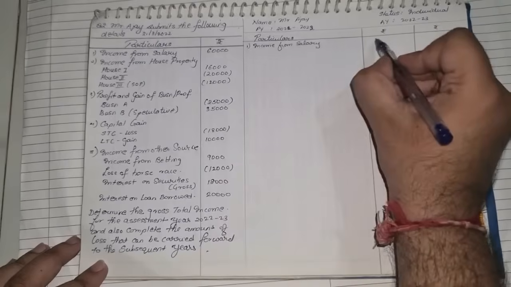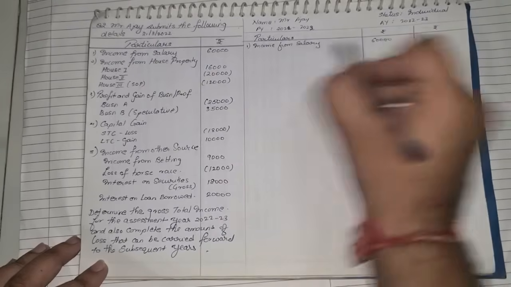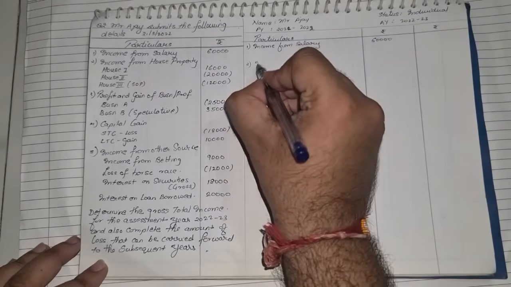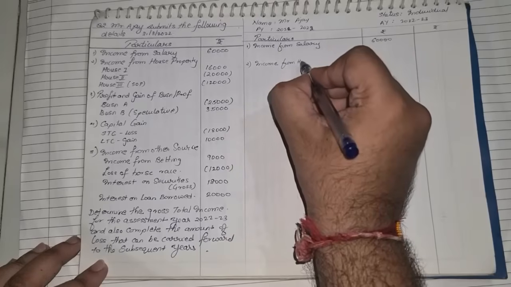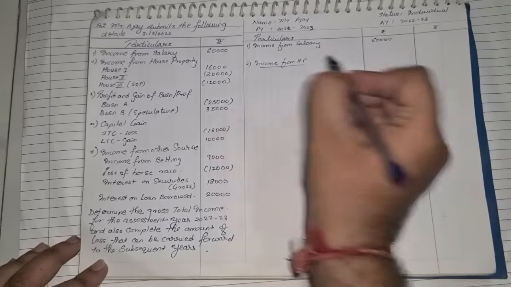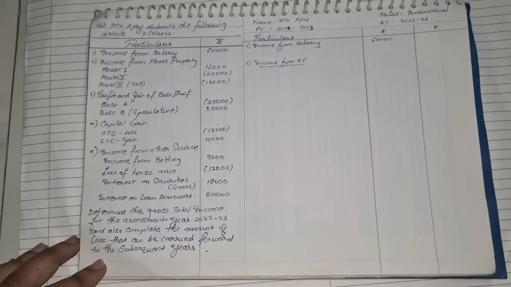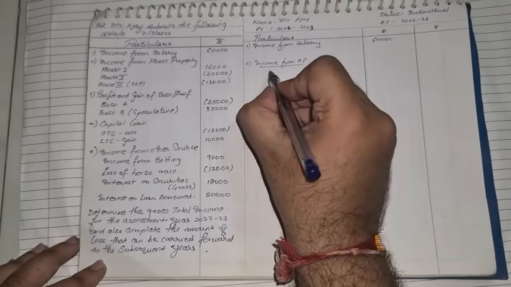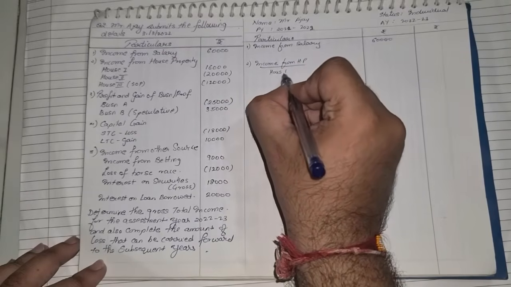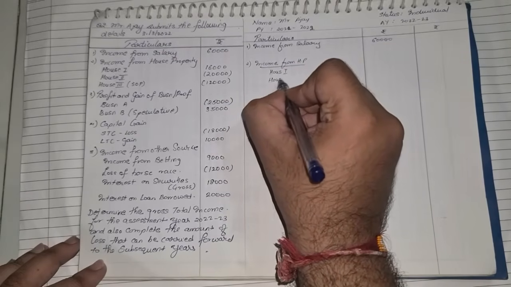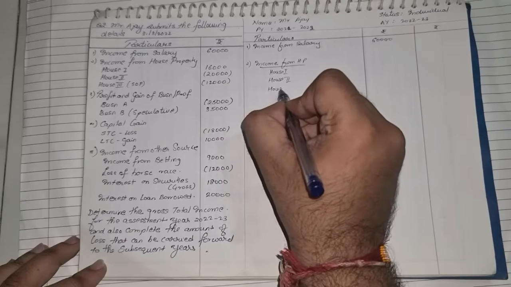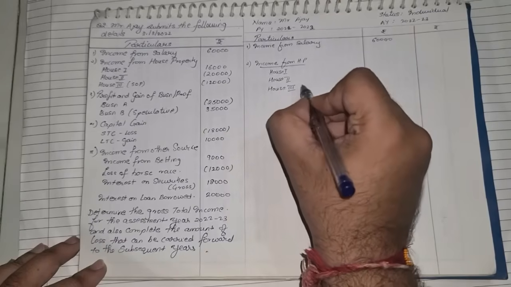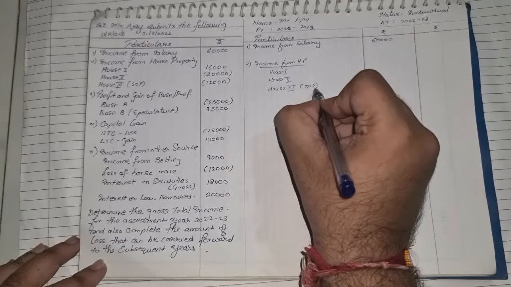Again the rule is in the inner column, leave little space. Second, income from house property. Rule is if there is a loss on house property, it can be set off against any income. Again, we have 3 houses, so we'll write here house 1, house 2 and house 3, which is an SOP.